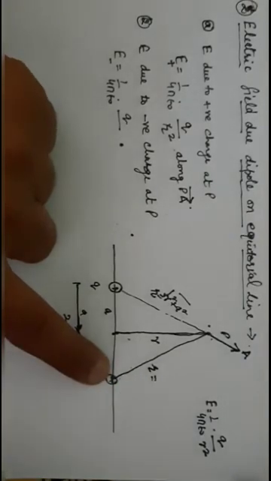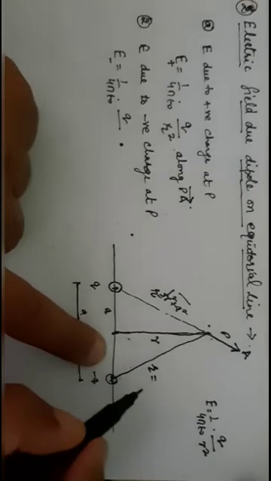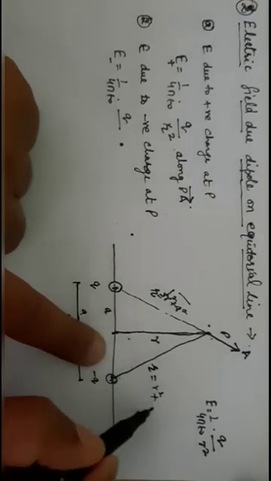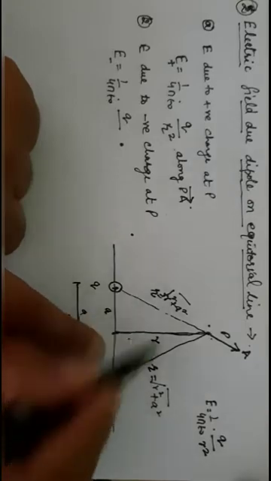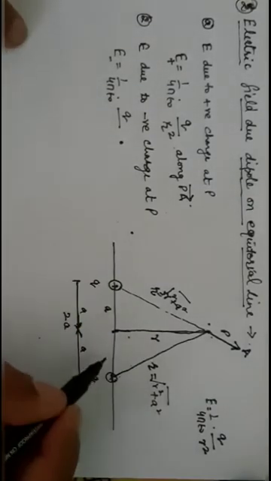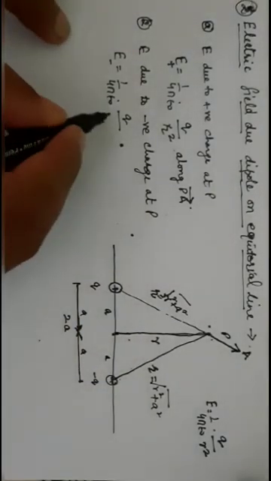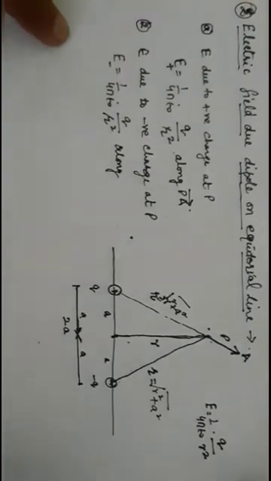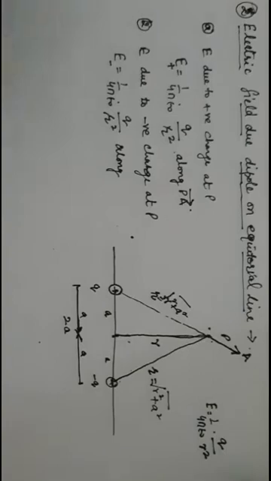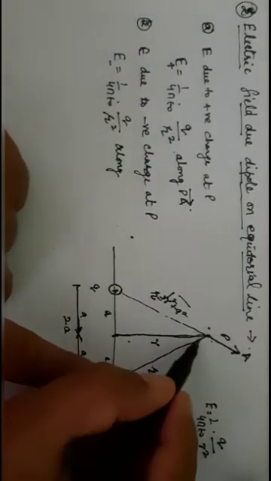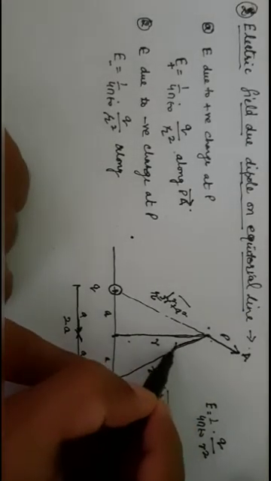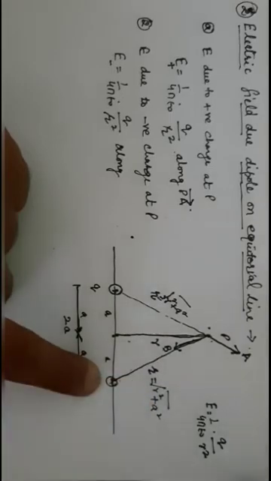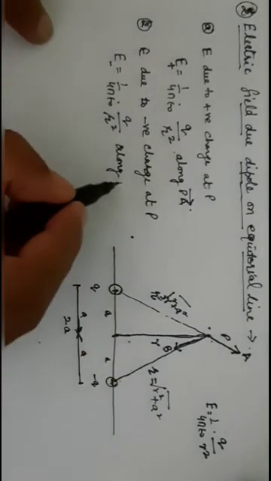Again it is the same. If you apply the Pythagoras theorem, it becomes square root of r square plus a square, same as before. So it is r square plus a square. Now we know that the electric field due to a negative charge is radially inward, so it is towards the charge, along this direction. I took this point as B, so it is along PB.